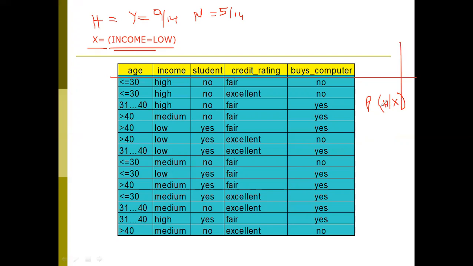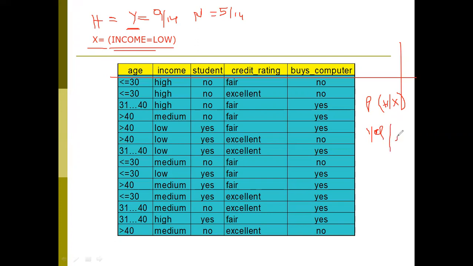Now P of H, I'm going to take H as S. Now which means I want to find out the S number of class labels under income equal to low. Which means S by X, what is X?